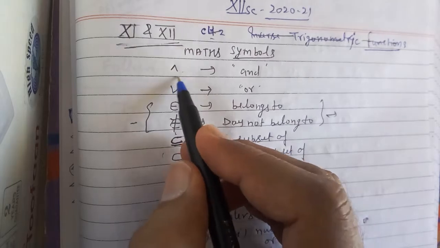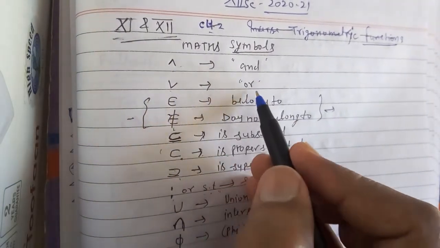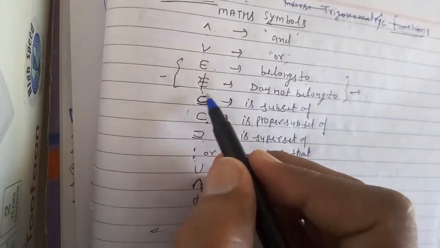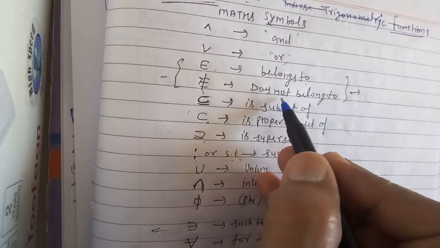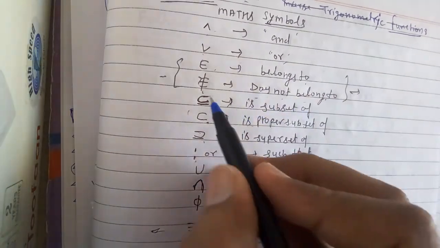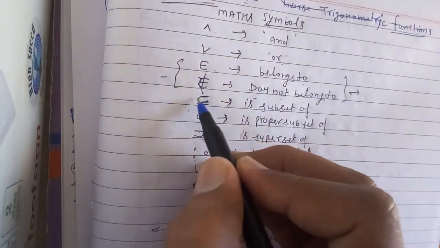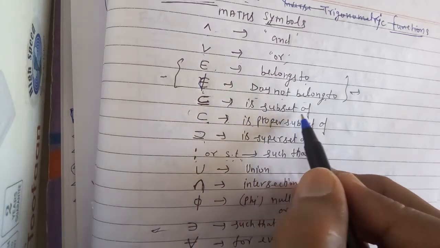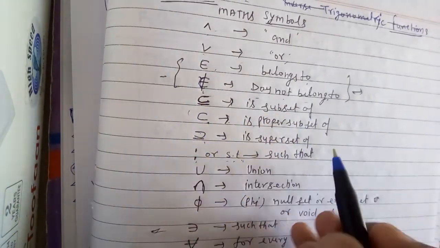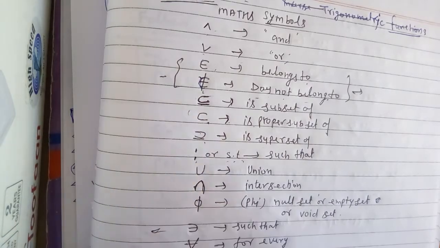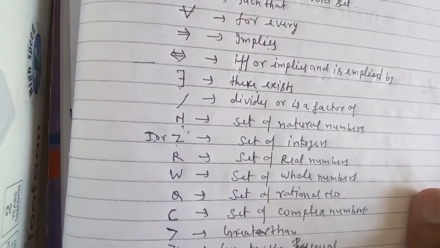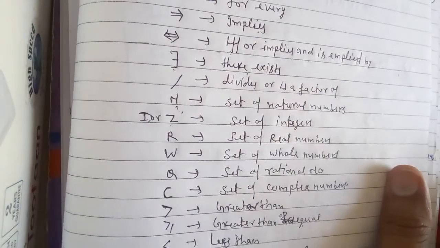This symbol is 'and', this is 'or', this epsilon is 'belongs to', and this cross is 'does not belong to'. This list is also sent to your group. Then subset, proper subset, superset, and 'such that' symbols.